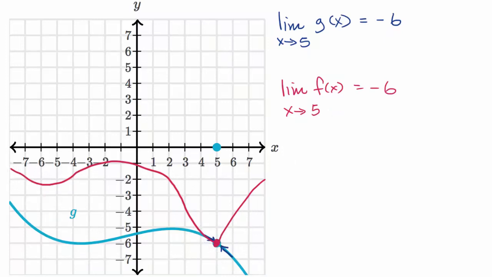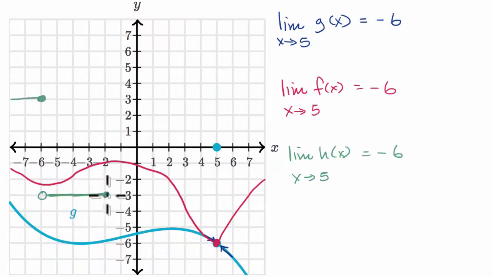You could have a function like this. Let's say the limit, let's call it h of x, as x approaches 5 is equal to negative 6. You could have a function like this. Maybe it's defined up to there, then you have a circle there, and then it keeps going.